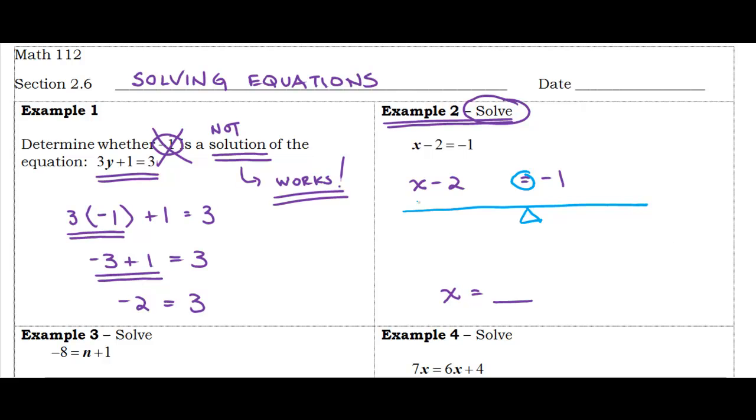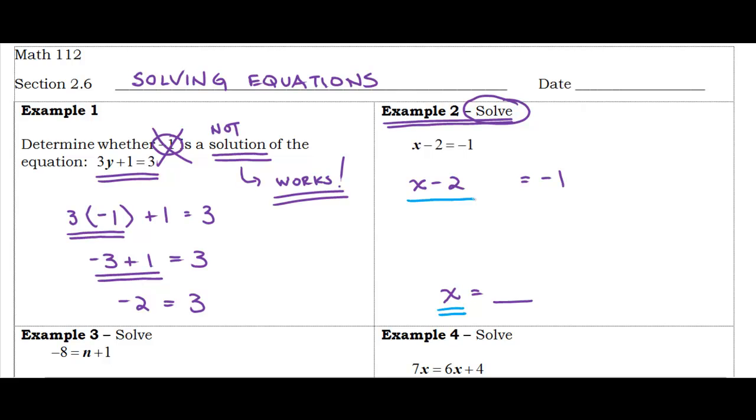If you put something on one side, how do you keep it balanced? Same thing on the other side. Okay? That's the concept of what we're going to do. So, here's the idea. Since my goal is to get x by itself, well, I look up here and I go, that -2 is in the way.